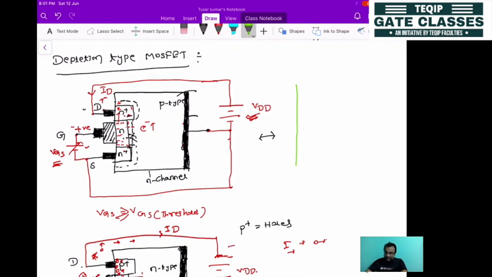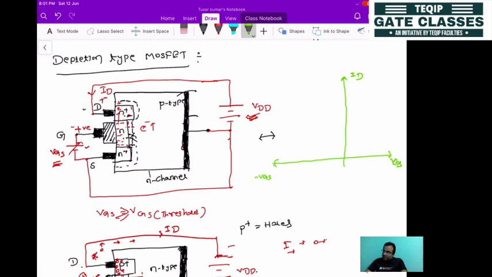This is VGS. This is minus VGS. And this is the drain current.